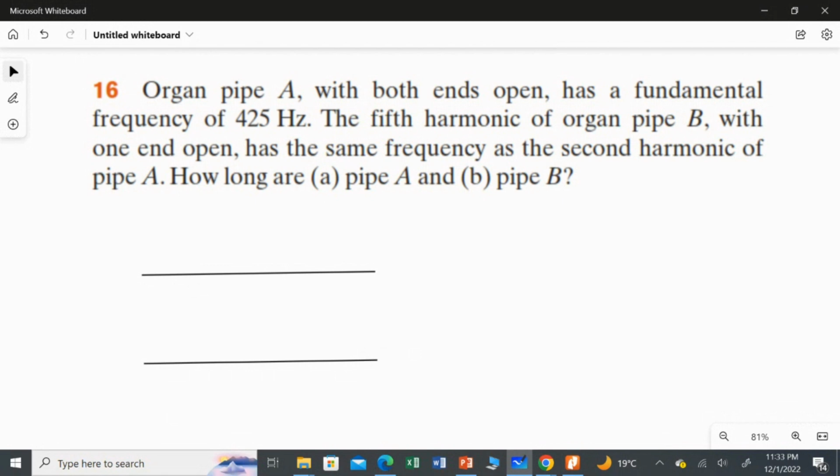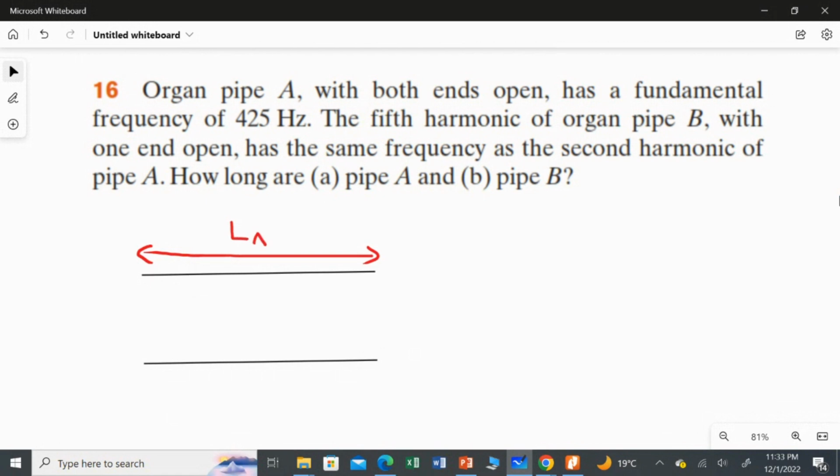In the first case, I am going to consider the organ pipe A with both ends open for the fundamental frequency. What is the fundamental frequency? The fundamental frequency stands for n equal to 1. Okay, so let's start here. This is my organ pipe A. Its length, from here to here, is LA.